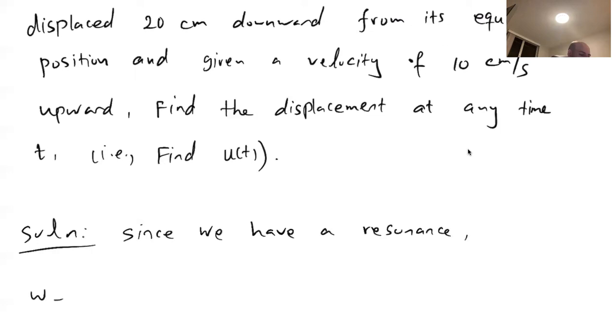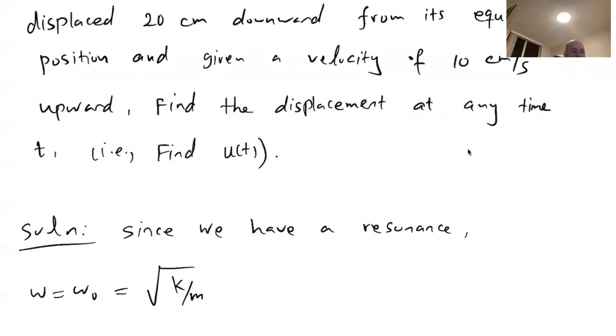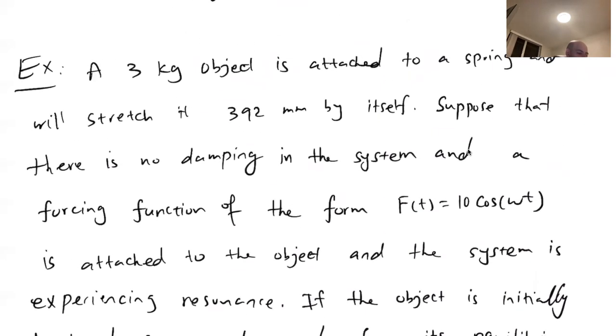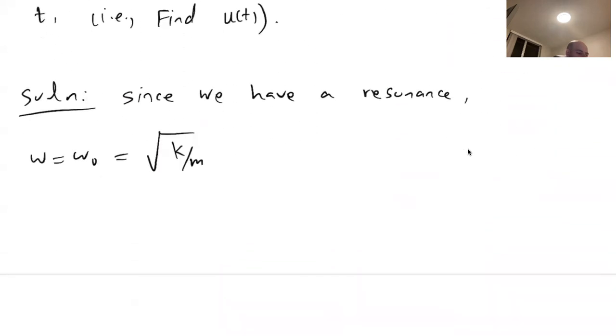Omega naught is root k over m; the natural frequency by definition is root k over m. Now we need to find k, because m is given as 3 kilograms, but k is not given.